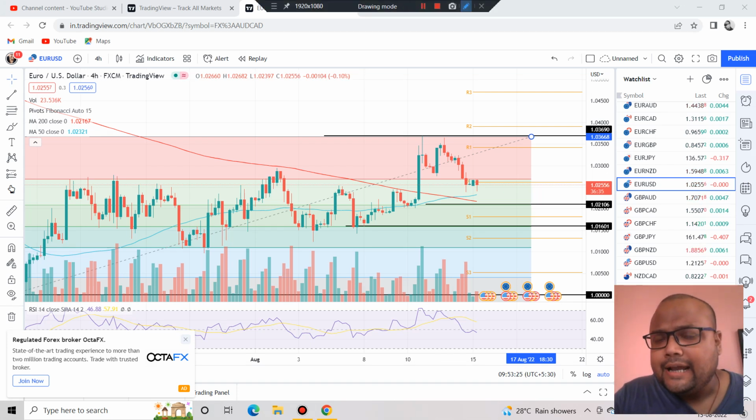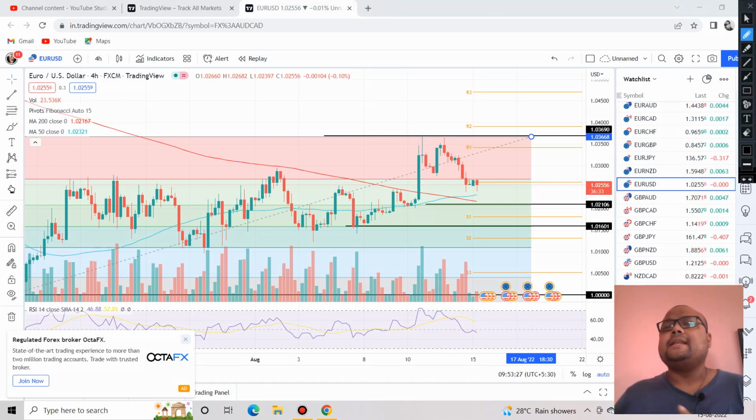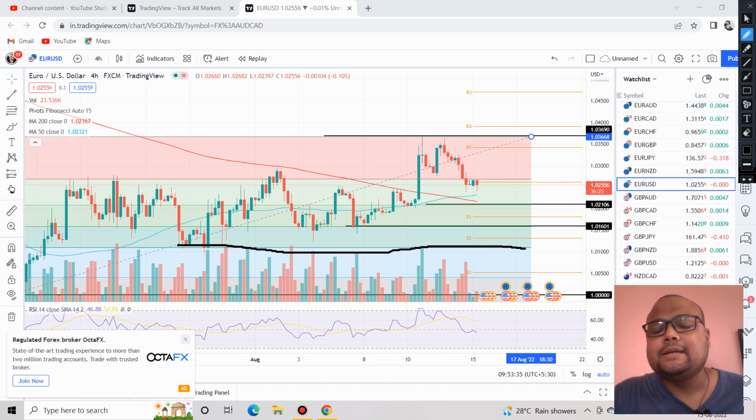On the other hand, if there is heavy selling in the market, then my next buying position will be around this level, which will be my second support for Euro USD. I'll strictly avoid taking a position here, because right now we do not have clarity in the market. If the market bounces from the first support, well and good, we can definitely go for a buy position.